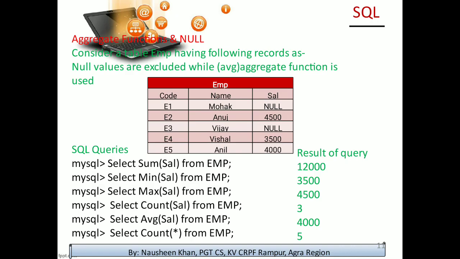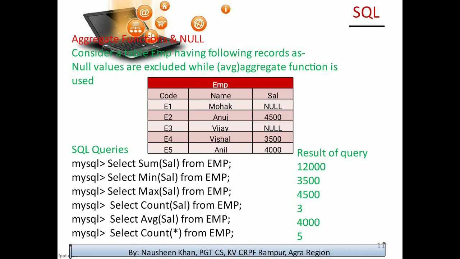Now see, in the last query, we have written select count(*) from EMP. In the previous query, we have written select count(sal) from EMP and the result was 3. But if we write count(*) from EMP instead of count(sal), then asterisk means all columns.